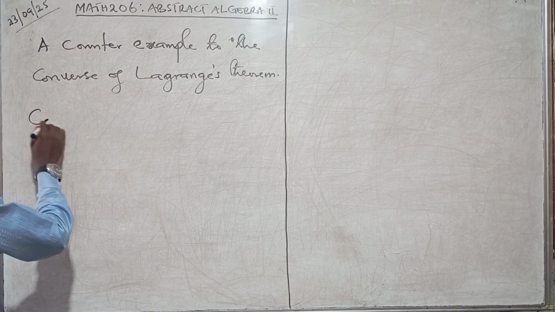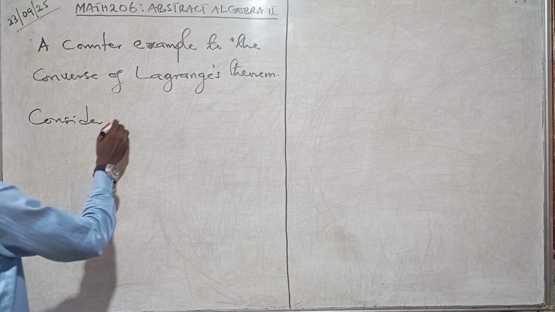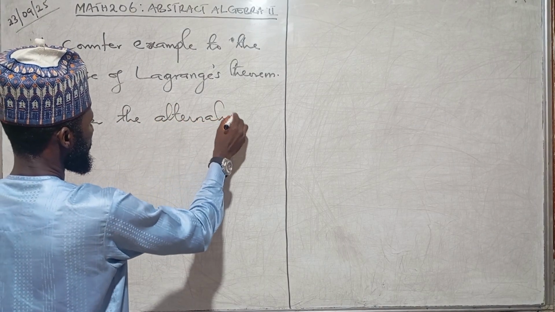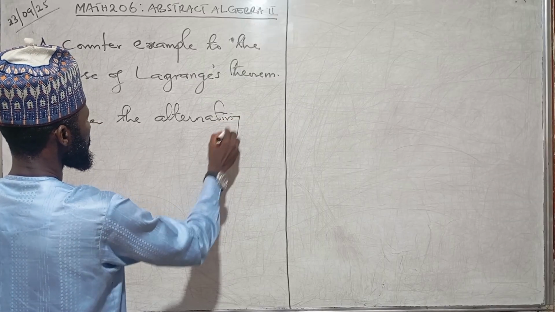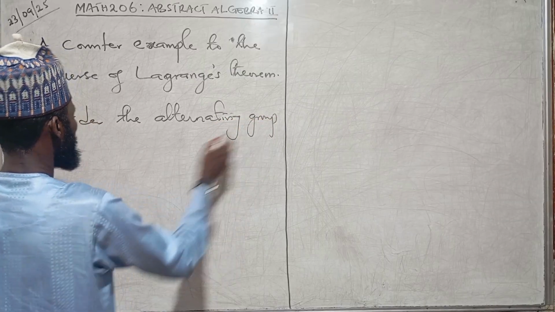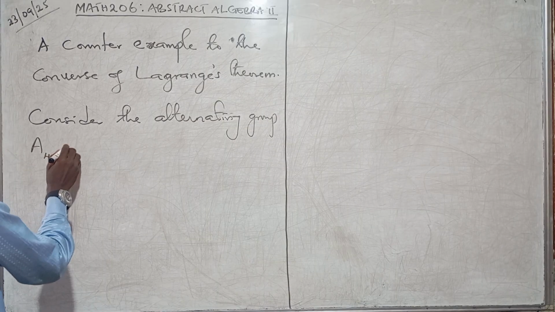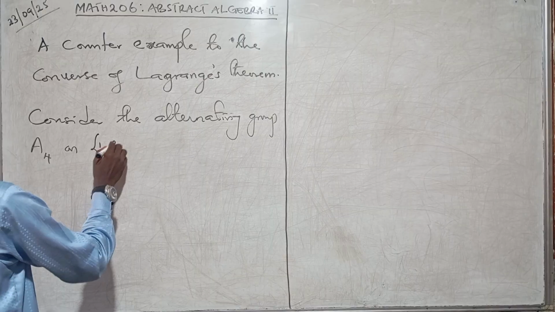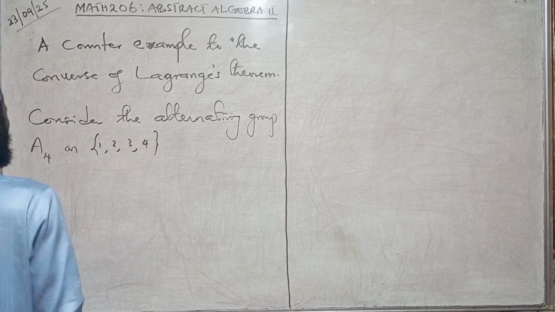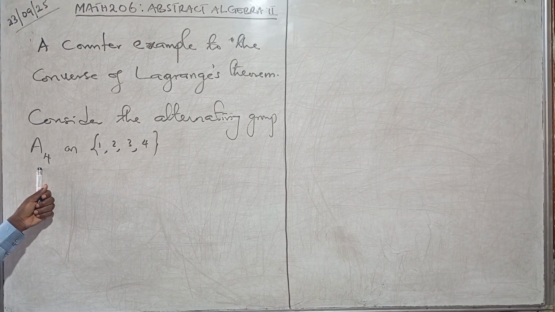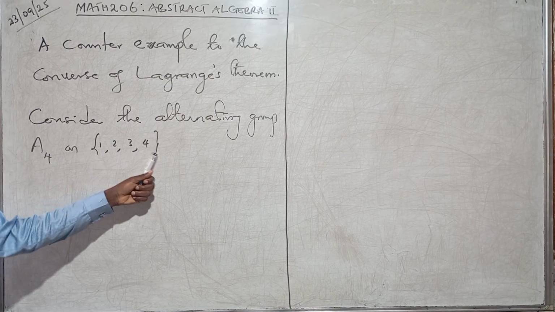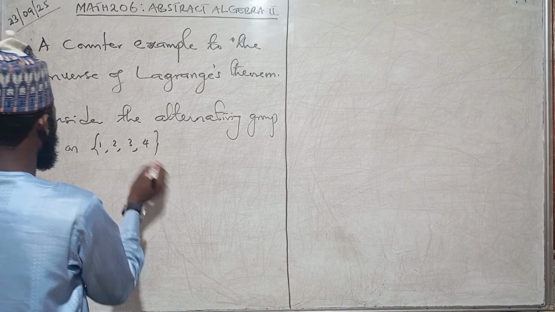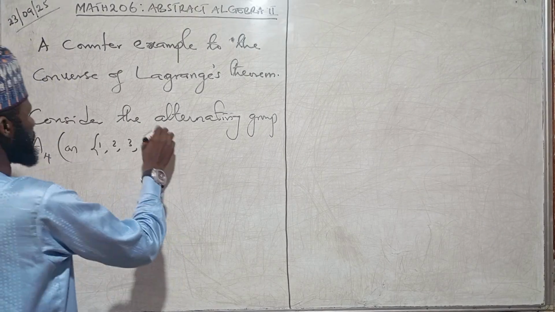Let us consider the alternating group A4 on 1, 2, 3, 4. That is the group of all even permutations on 4 objects. So an alternating group of degree 4.